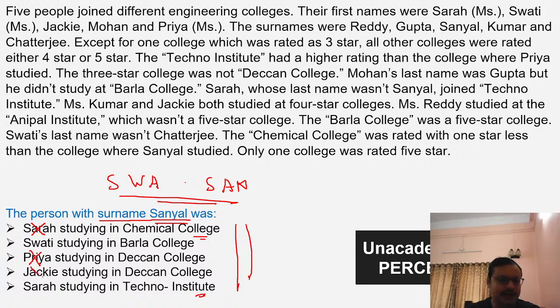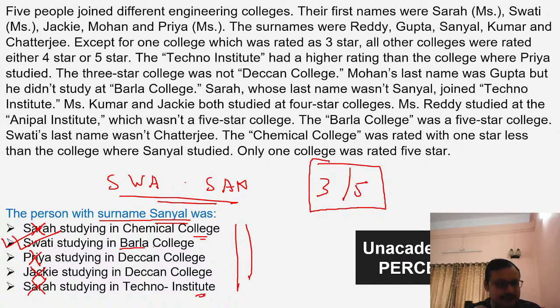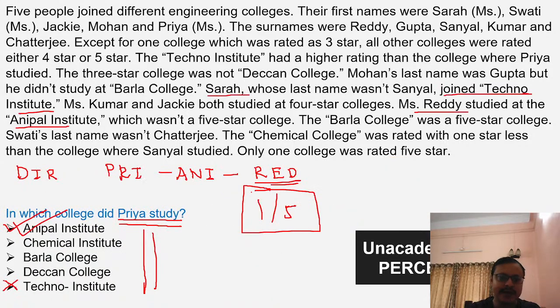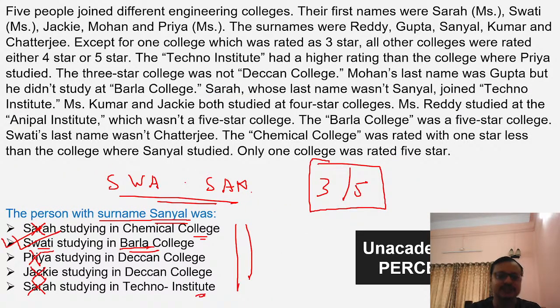It is not Priya Sanyal, it is not Jackie Sanyal, it is not Sara Sanyal. Which means you've given yourself 3 out of 5. That is, Sanyal is Swati Sanyal. And not only have you got yourself Swati Sanyal, but you've given yourself an additional clue that Swati is studying in Bala. Again, note, the Swati Sanyal was a clue you got from the first question, which helped you answer the fifth question, that is Swati Sanyal is studying in Bala College, and you've suddenly given yourself 3 out of 5.